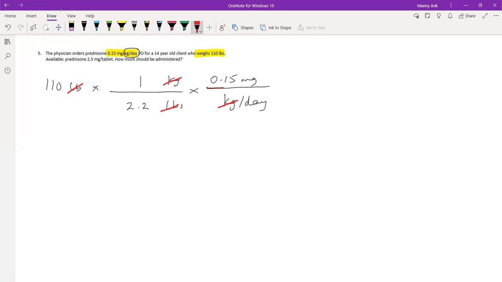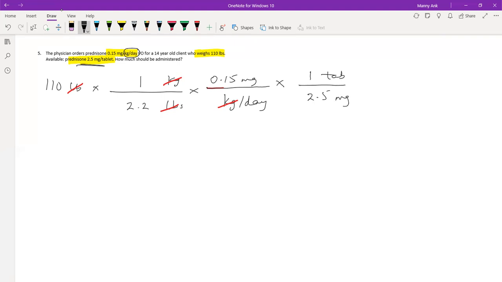How many tablets? Now I have available on hand 2.5 milligram per tablet. So I can factor this into the problem. Since I want the number of tablets, I can say one tab contains 2.5 milligrams, right?